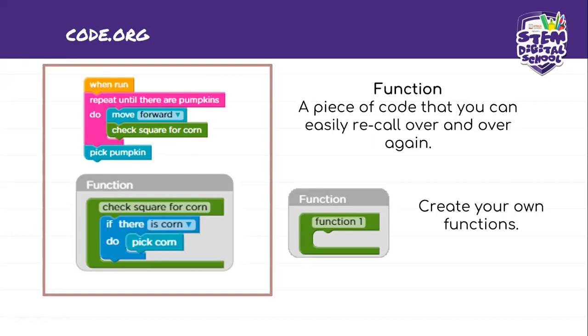He said, I think the name was garden in a square or square garden, something like that. So we made our own function that we used over and over and over again. So for example, this one here, you can see it's check square for corn. And what is that function? What is inside that function? Inside that function we have, if there is corn, do pick.